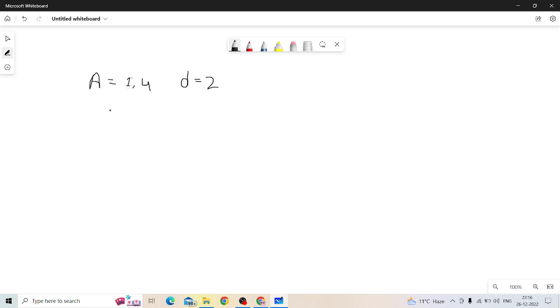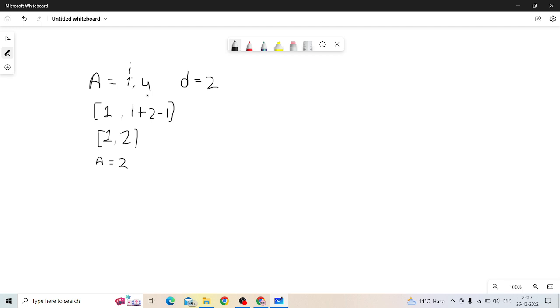So the duration is from t to t plus duration minus 1, and we have to include both of them. So what is the duration? It is from 1 to 2. We can include the first second and the second second in our answer. So at i equal to 0, the answer is 2.